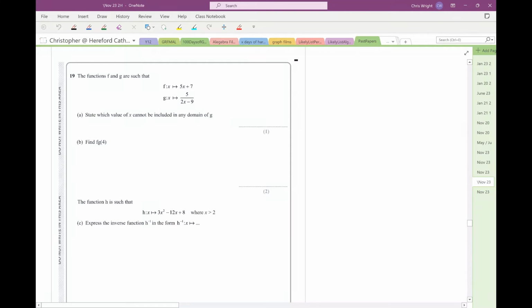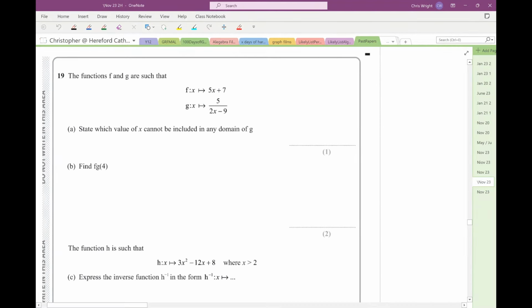Question 19. Right, functions. I've got 2 functions there, the function f and the function g. State which value of x cannot be included in any domain of g. Well, you're not going to be able to work out a value for the function of x. You're not going to be able to use this function if you're dividing by 0.